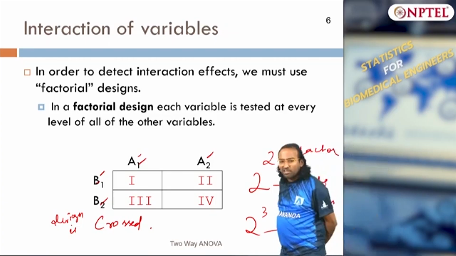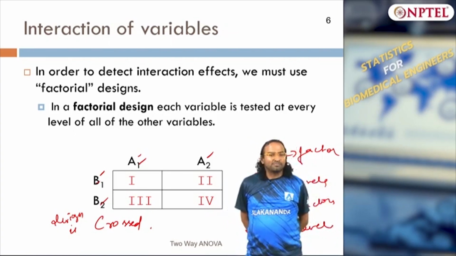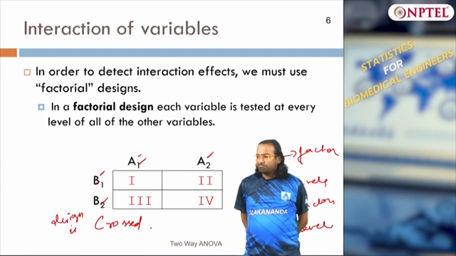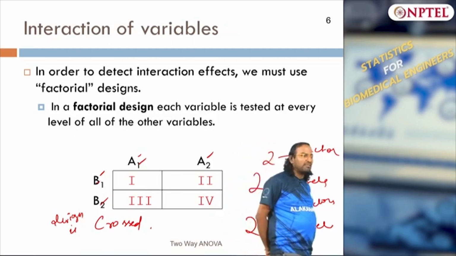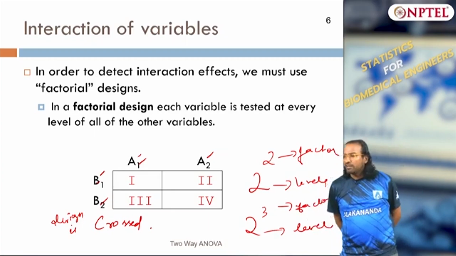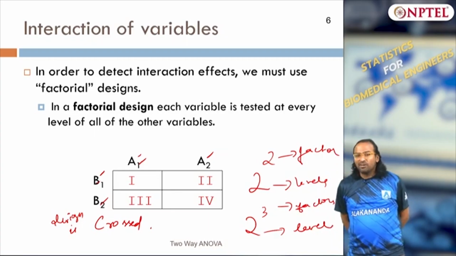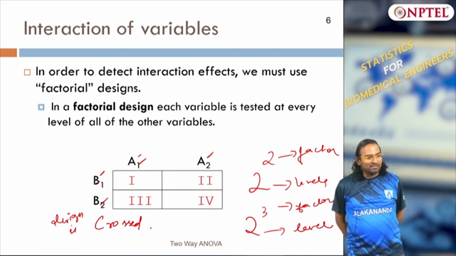Have you heard of this word called confounding? What does confounding mean? When you are not able to distinguish which factor caused the output, which factor influenced your output precisely, right.